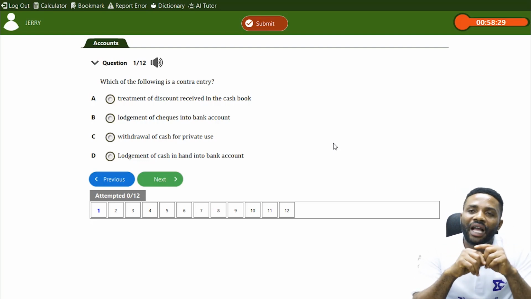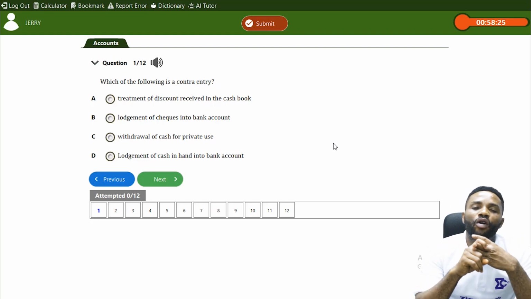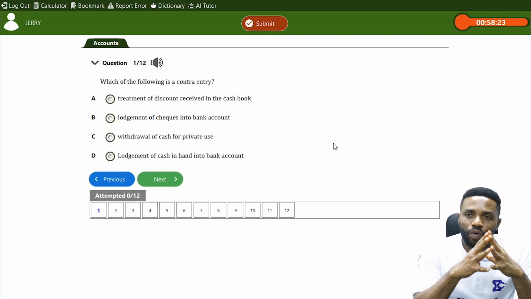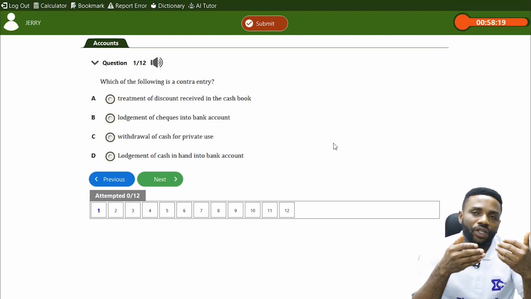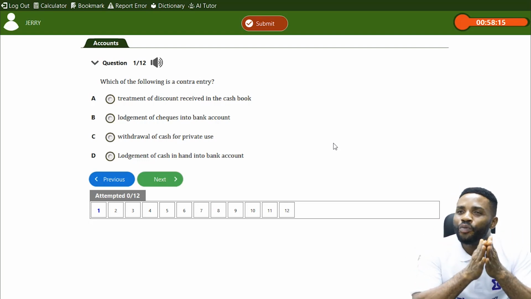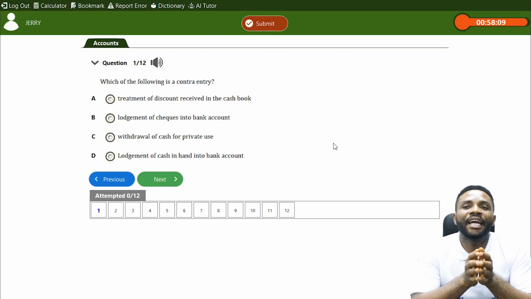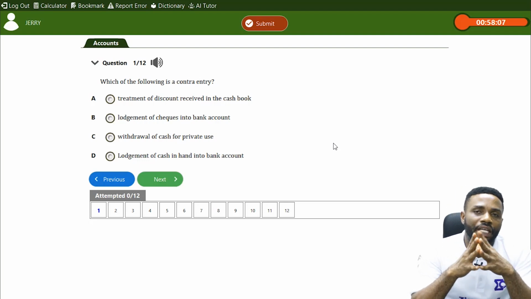When we have 2 column cash book, we have column for cash, column for bank. And when we have 1 column cash book, we have just a column for cash or column for bank, depending on the kind of transaction that is being carried out. If it is purely check, the 1 column you are going to have is going to take care of bank. And then if it is cash throughout, it's going to take care of what?